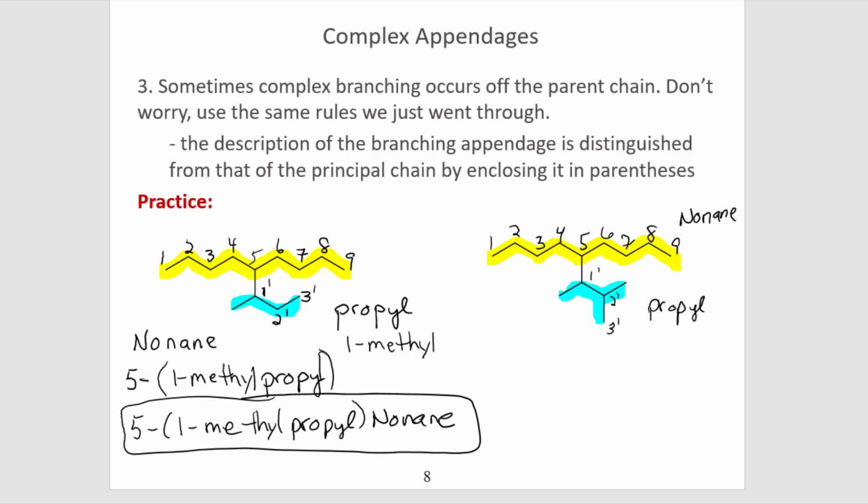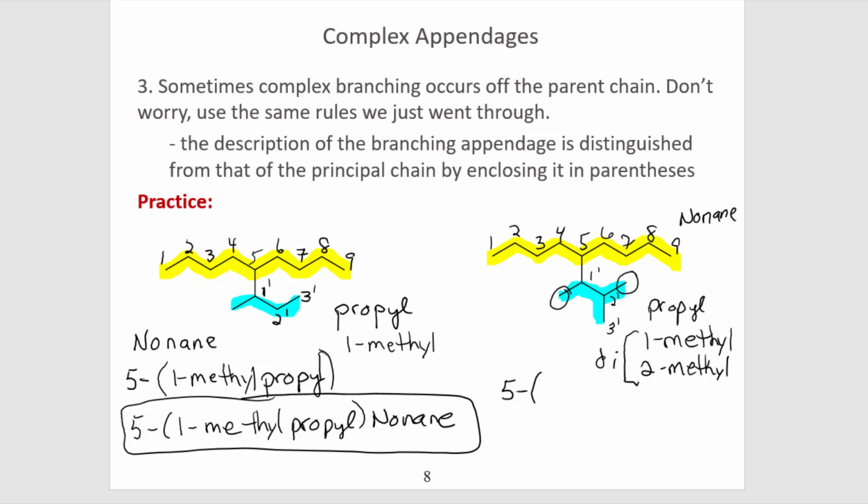So I've got a propyl appendage, but I also have a group at 1. So I have a 1-methyl. And I have a 2-methyl. Okay, let's put that whole thing together. So I have an appendage at 5 that, in parentheses, is a, oh, look, methyl.